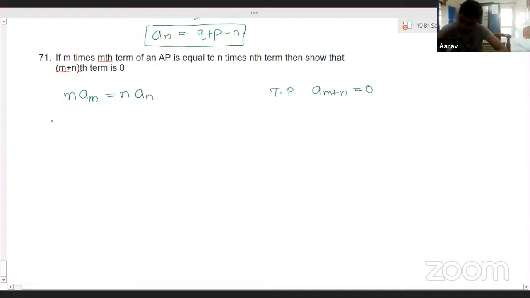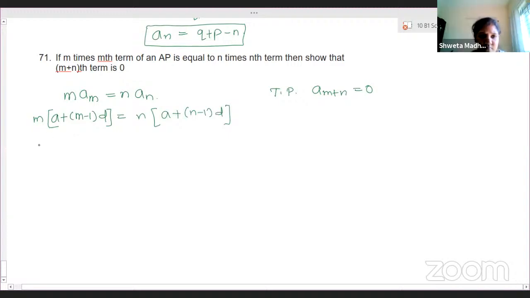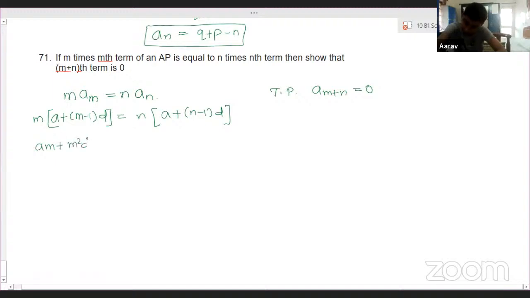Ma'am, after this, I put it: m into (a plus dm minus d) is equal to n into (a plus dn minus d). Then I opened the bracket and got am plus dm square minus dm is equal to an plus dn square minus dn.